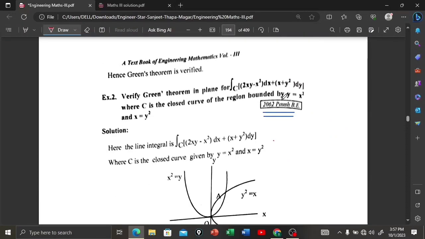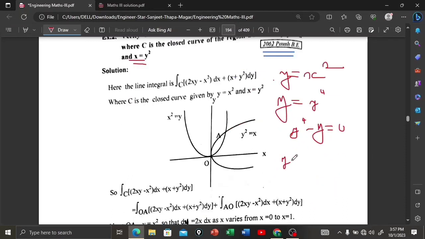To find the limits, we have y equals x square, and from this x equals y square. X equals y square, and squaring gives y power 4 minus y equals 0, so y cube minus y equals 0. From this y equals 0, and y equals 1.